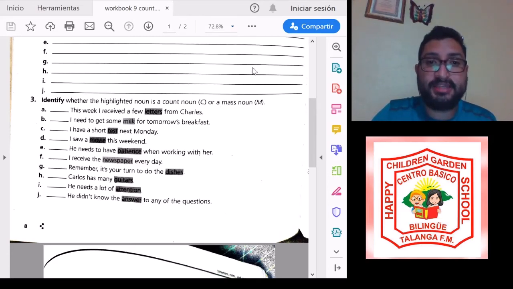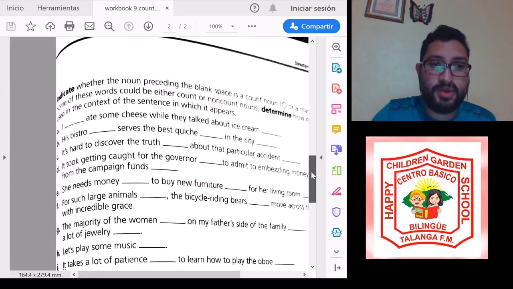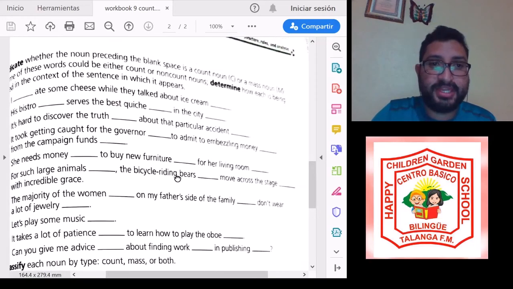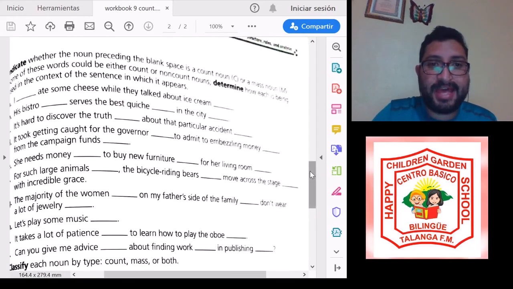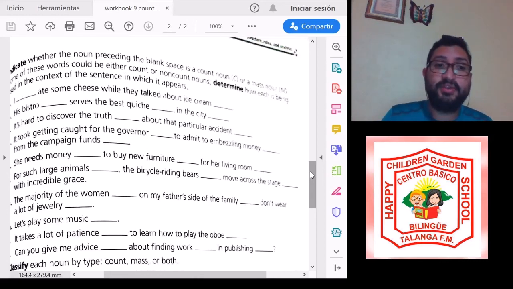Now, on the next page, page 9, we're going to try to predict whether in the blank space there is a count noun or a mass noun. Remember to look for the determiner. It is going to tell you if in here we're going to have a count or a mass noun.